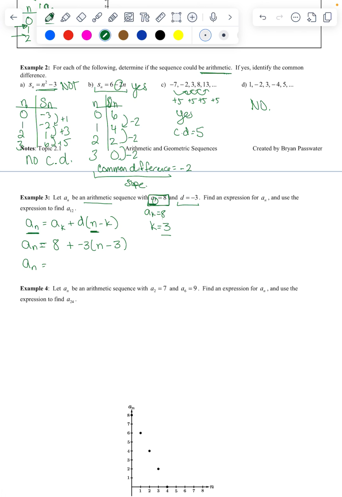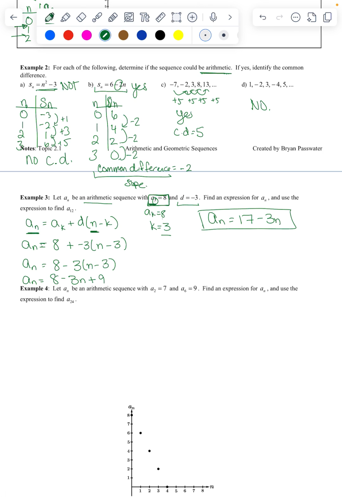So a sub n is equal to 8 minus 3, n minus 3. You can keep going or you can keep it just like this, but a sub n is equal to 8 minus 3n plus 9. And then the final answer is going to be a sub n is equal to 17 minus 3n.